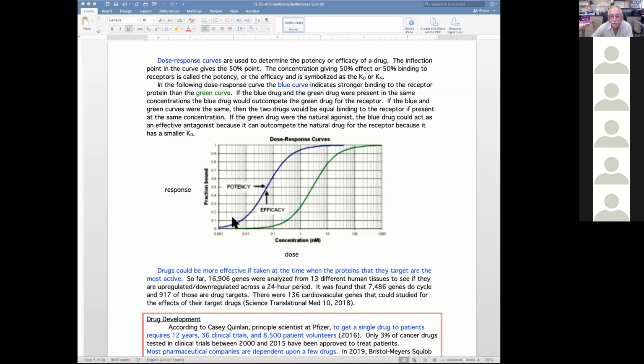It could outcompete the natural agonist. If they were reversed, would it work? Say, for example, here's histamine binding to your histamine receptors. Here's an antihistamine. Is that antihistamine going to be effective? The answer is no. You would have to flood your body with it in order to get any effect at all.